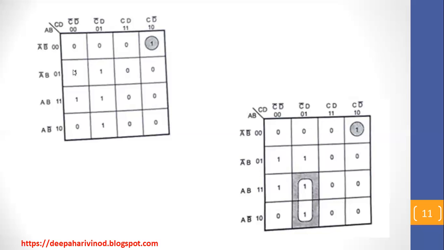And next we can group these 4 ones together, and the remaining is this one. So it has to be grouped along with this only. So here we can see it is grouped together. These 4 ones will be grouped together, and this is the single group.